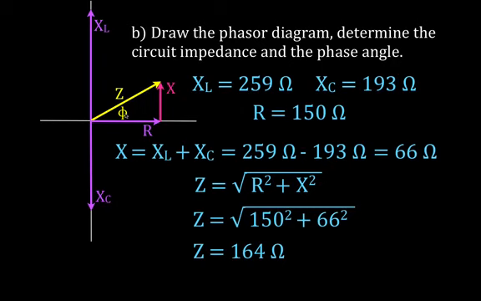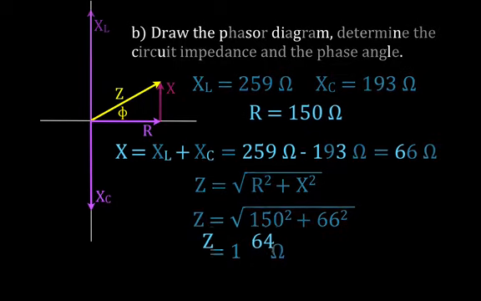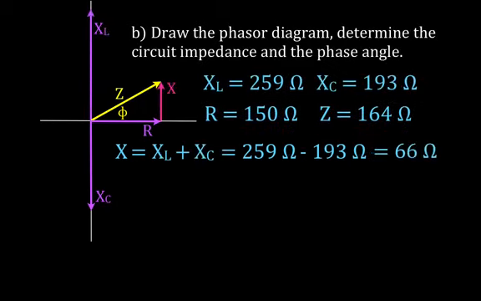Now I'm going to find the phase angle. Because it's a more inductive circuit, it's the angle by which the voltage leads the current. We have a right triangle once again, so we can use our trig functions.